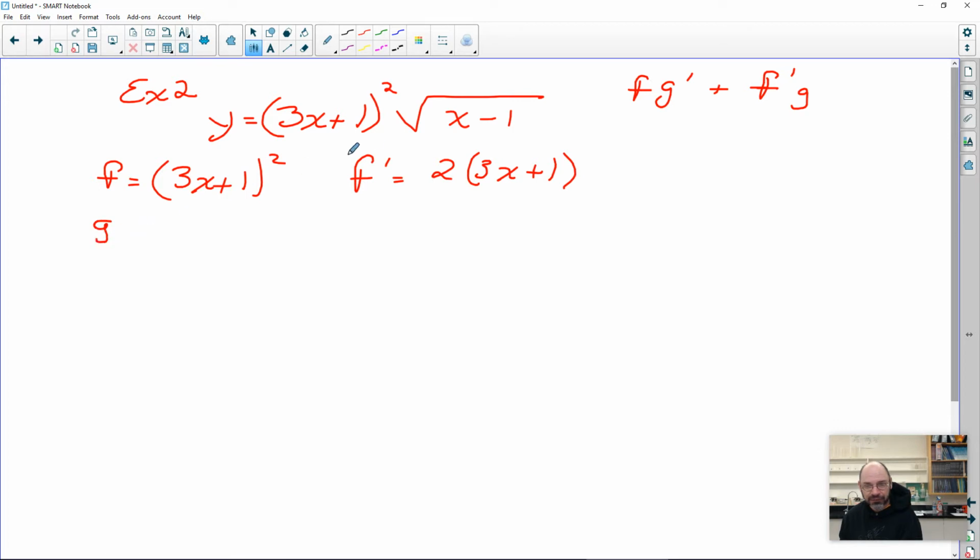g is this x. I'm going to write it as an exponent, (x minus 1) to the power of 1/2.